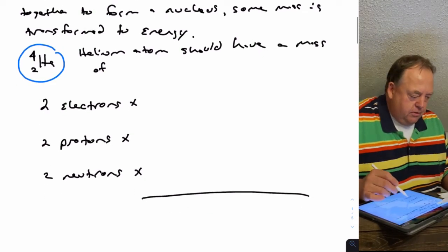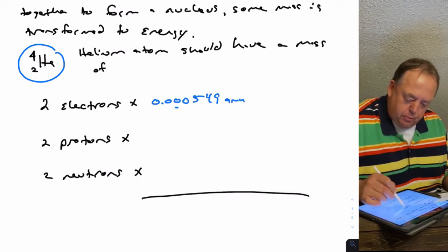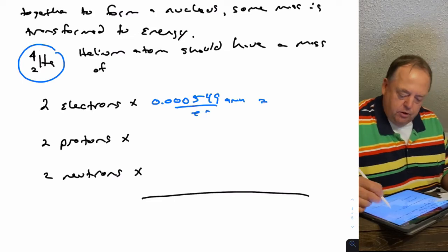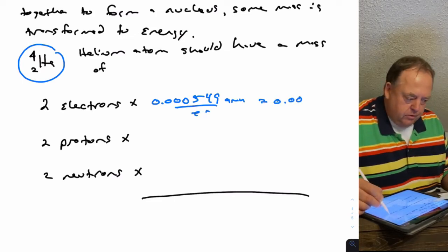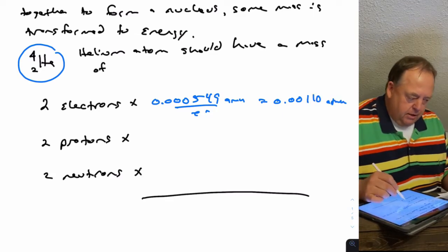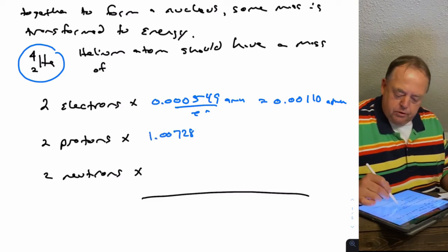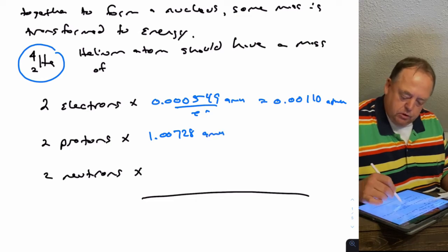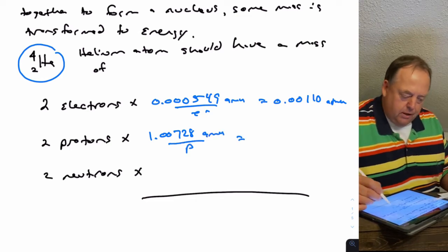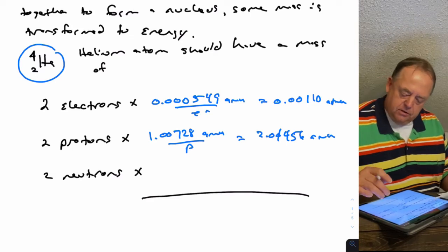So 2 electrons. The mass of an electron is 0.000549 atomic mass units per electron, so there's 2 electrons, 0.00110 atomic mass units. A proton has a mass of 1.00728 atomic mass units per proton, and there's 2 protons, so 2.01456 AMU.